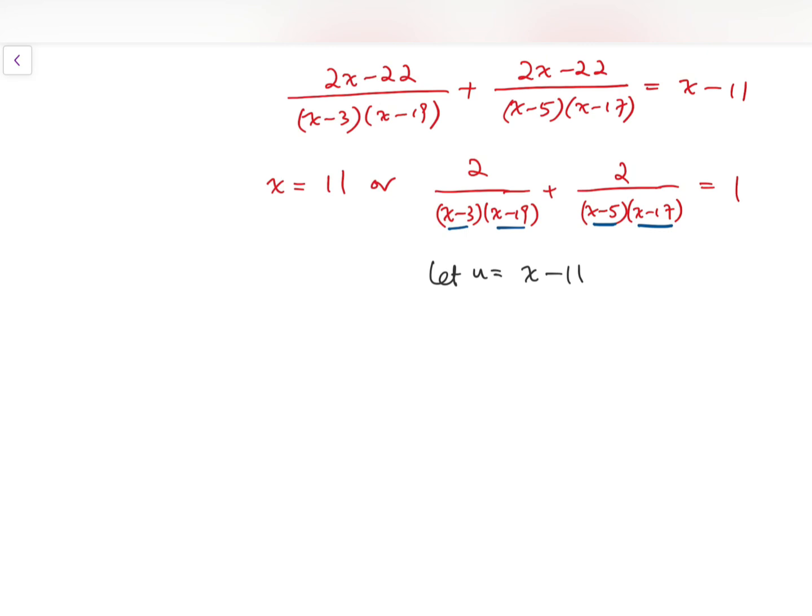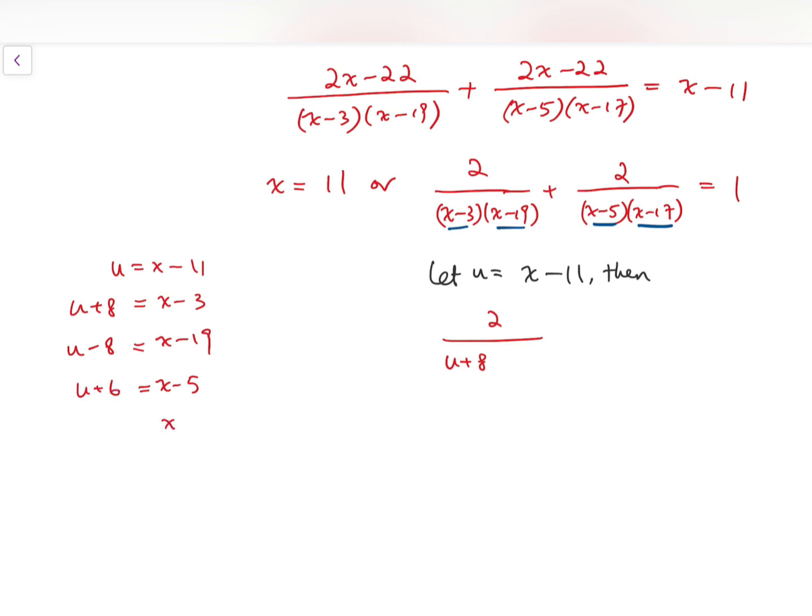Then the equation becomes 2 over u plus 8. If u is x minus 11, then x minus 3 equals u plus 8, x minus 19 equals u minus 8, so 1 plus, 1 minus, as you can see. X minus 5 is u plus 6, while x minus 17 is u minus 6. Again, 1 plus, 1 minus.